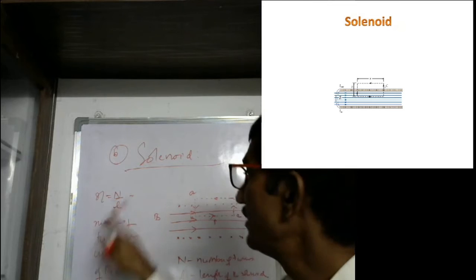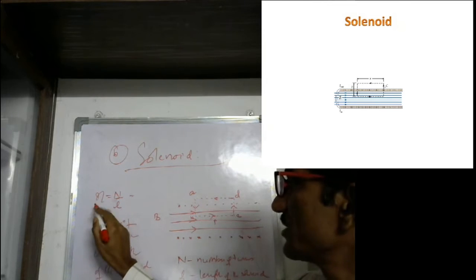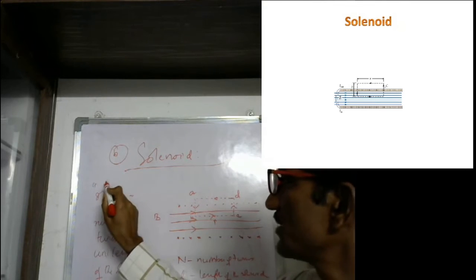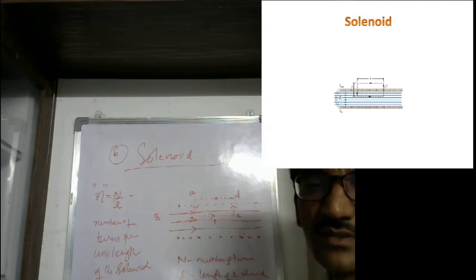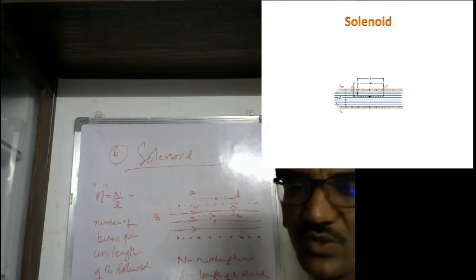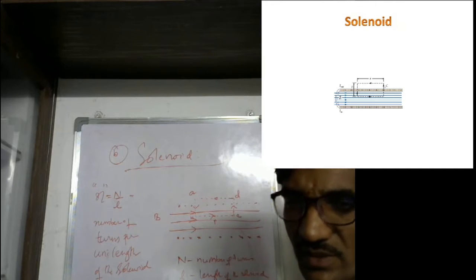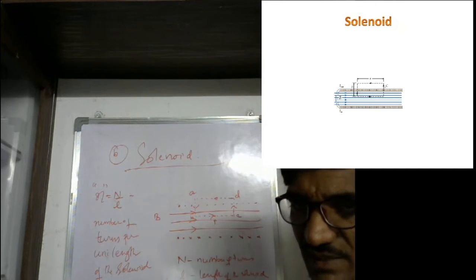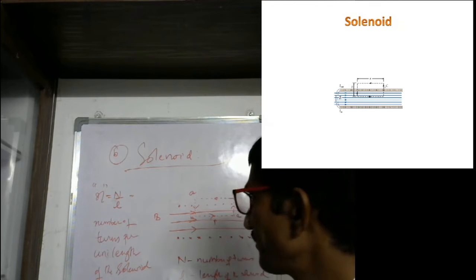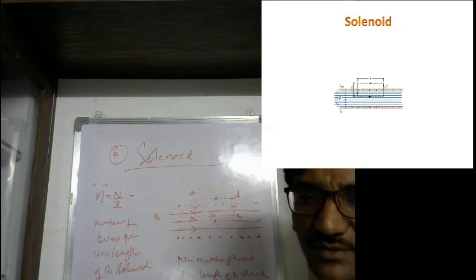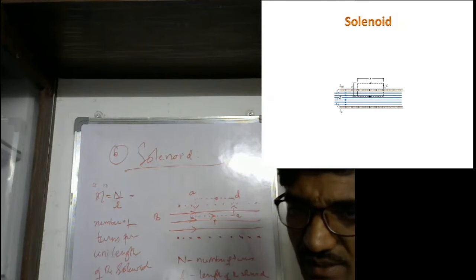N by L, we are denoting that to be small n. So from now on, small n will be the number of turns per unit length of the solenoid. Whatever may be the total length, for every 1 centimeter of length, you have this number of turns, small n. So we use this small n to characterize this solenoid.